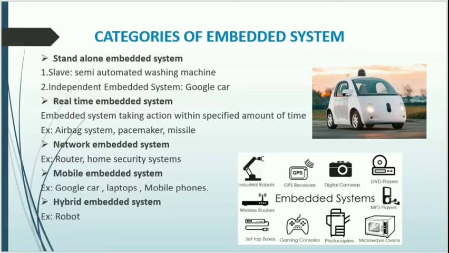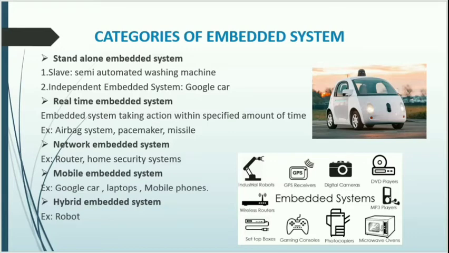In this again there are two types, slave and independent embedded system. For slave embedded system, the example is semi-automatic washing machine. And for independent embedded system, the example is Google car and our project, which is fully automatic washing machine.